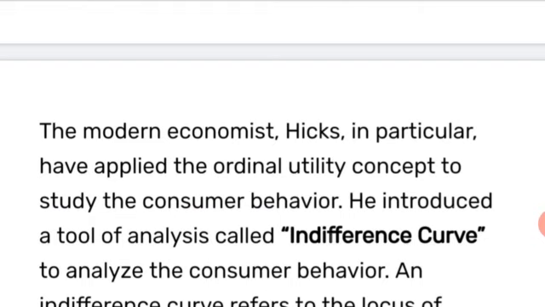According to ordinal approach, utility cannot be measured, can only be compared, consumer is supposed to rank or order utility. Example, first, second, third, fourth, etc. In other words, only the preferences of a particular consumer for one type of good in comparison with another type of good is represented by utility. That means comparison is possible here.